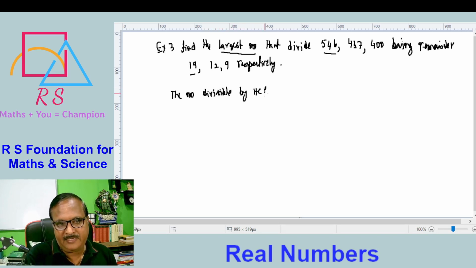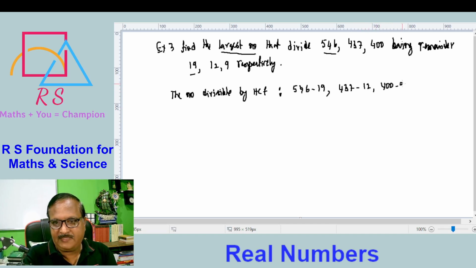I am writing this largest number as HCF. So how do you get it? You should remove the remainders. So 546 minus 19 is the first number, 437 minus 12 is the second number, and 400 minus 9 is the third number.